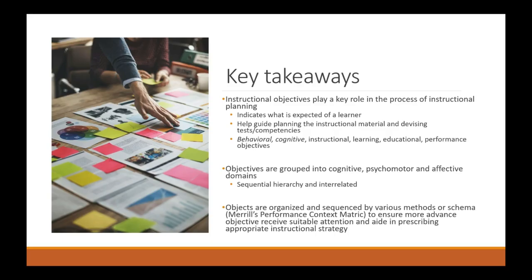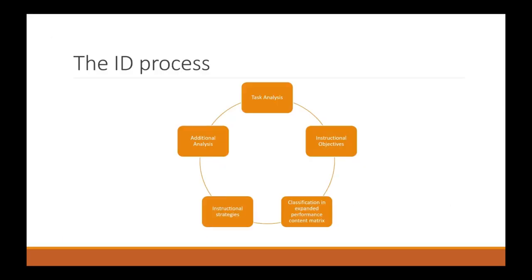One of the final takeaways is that objectives are organized and sequenced by very different methods or schemas, and the one we covered in particular is Merrill's performance content matrix. It ensures that the most advanced objectives receive more suitable attention, and it also aids in prescribing the appropriate instructional strategies for delivering the content.